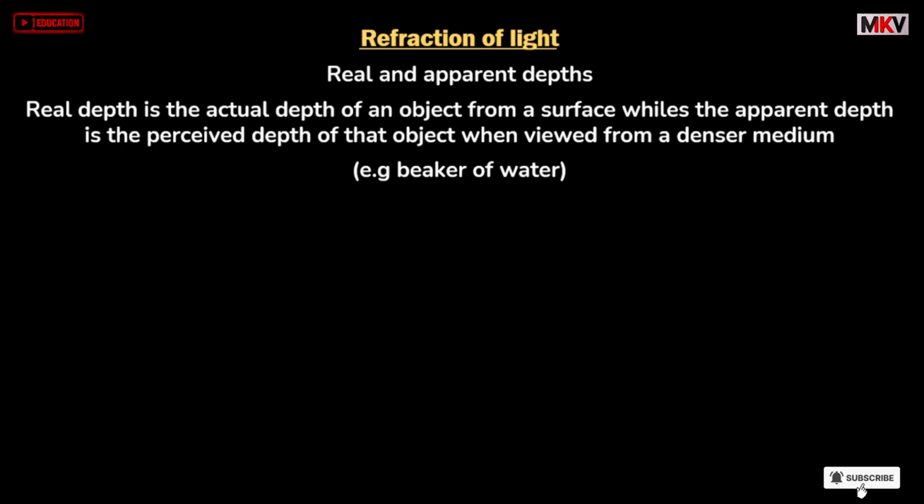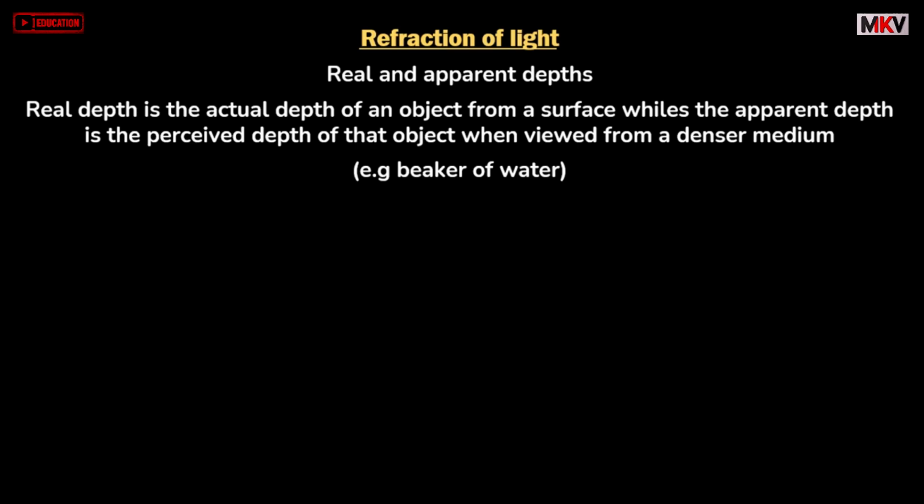But when we view the object at a certain angle, it appears a little closer to the surface than we thought. The distance we perceive is the apparent depth, and the actual depth of the object is the real depth, and there's a relation between them.